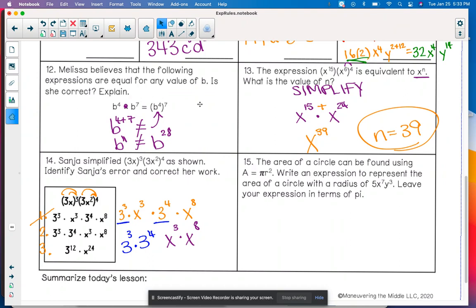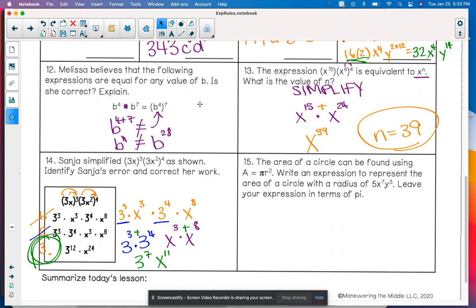So step 2 is correct, which leaves us with step 3. And if you notice, because we are multiplying, she should be adding her exponents together. So if we add exponents together, we should get 3 to the 7th and then x to the 11th. So step 3 is the incorrect step.